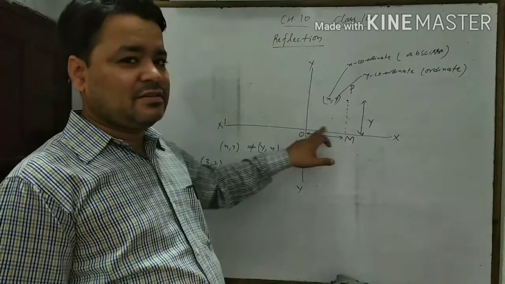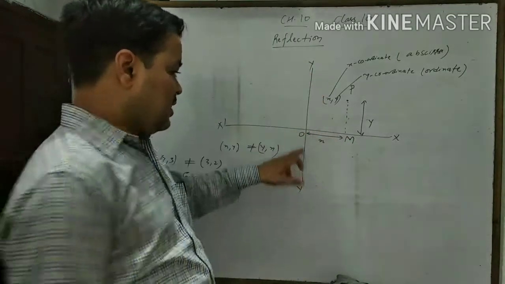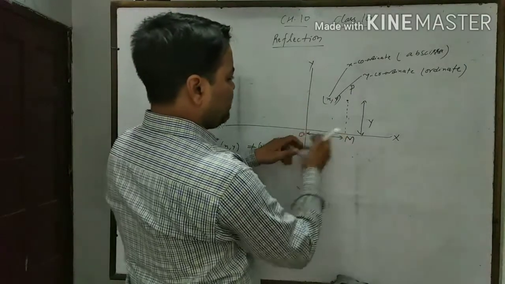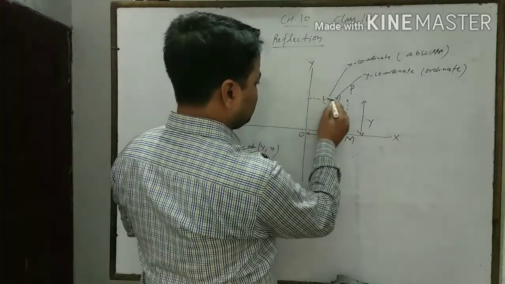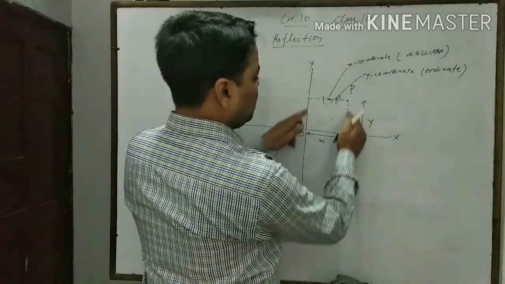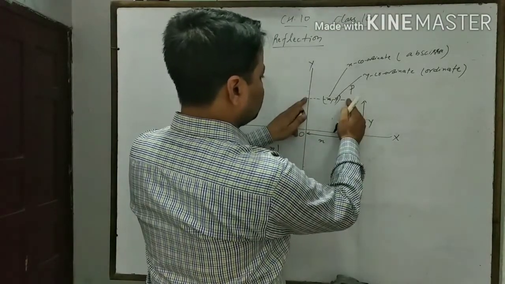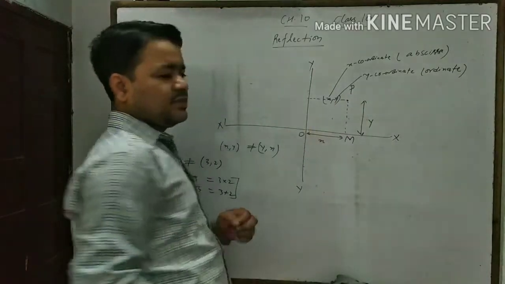the y-axis. Distance from y-axis. This can be written like this. This and this are equal. This is equal to this, which is known as the distance from the y-axis.